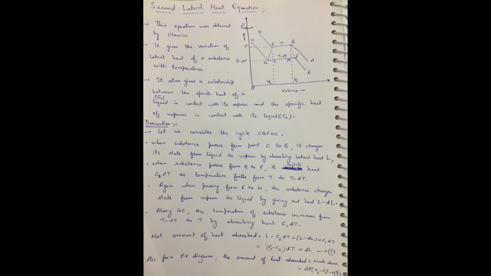It also gives a relationship between the specific heat of a liquid in contact with its vapor and the specific heat of vapors in contact with its liquid. Now we have to derive this equation which gives these relations.